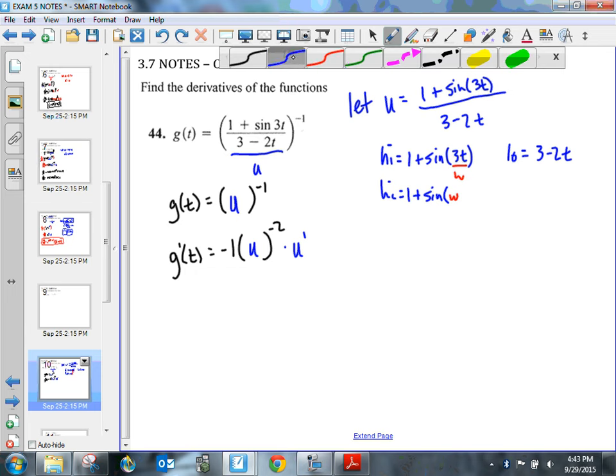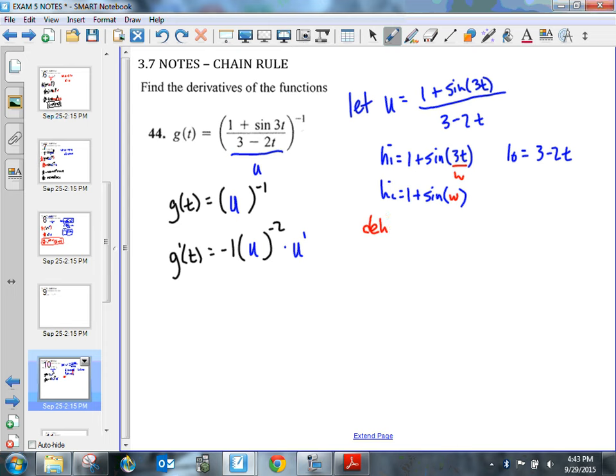If I wanted to find d high, the derivative of 1 is 0. The derivative of sine is cosine, and this is w, so I have to do another chain rule, cosine of w times w prime. Well, w prime is just equal to 3.